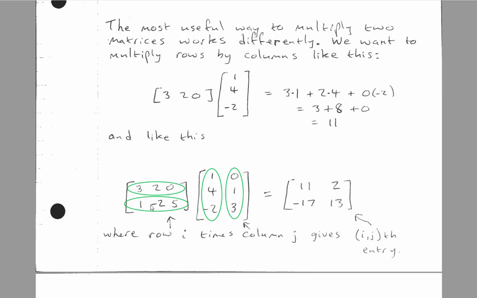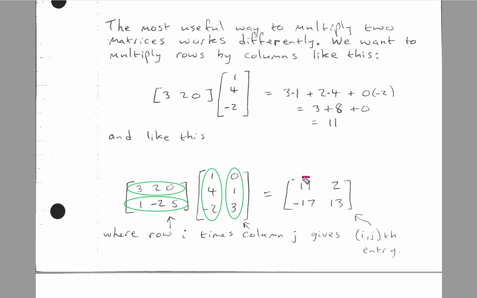When you're multiplying matrices, you're going to have more than one row, more than one column. Okay, so to multiply this 2 by 3 matrix by this 3 by 2 matrix, we get this matrix. Alright, so the first row here gets multiplied by the first column here. We did that already.